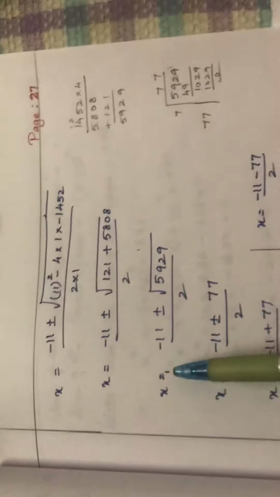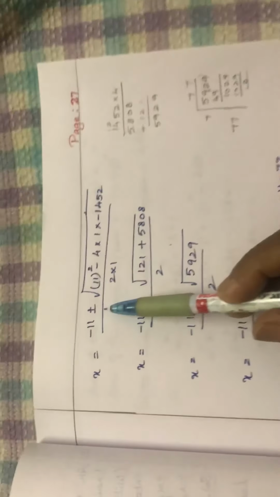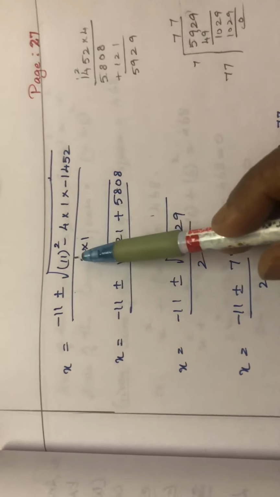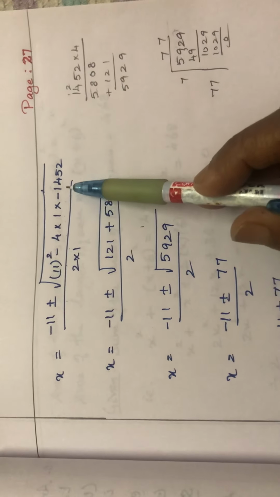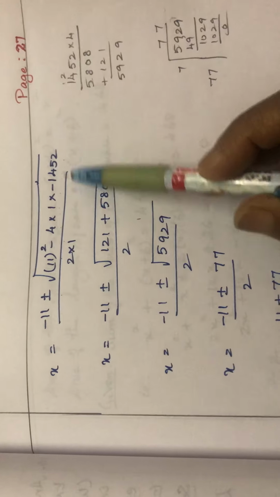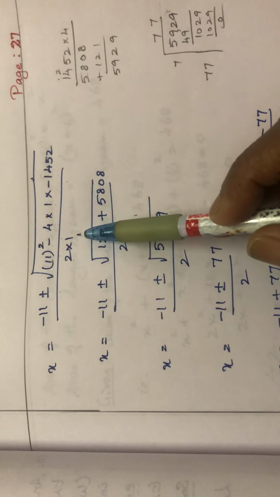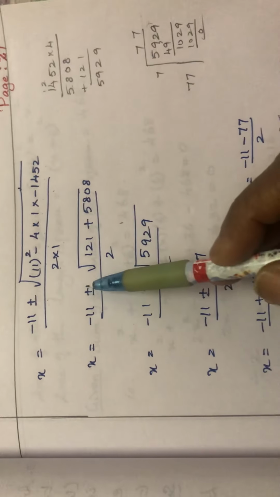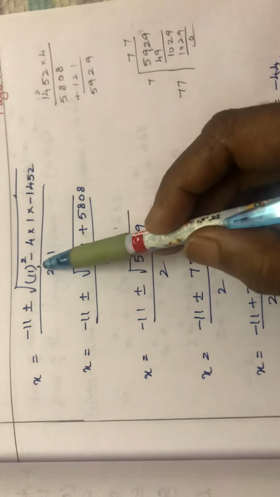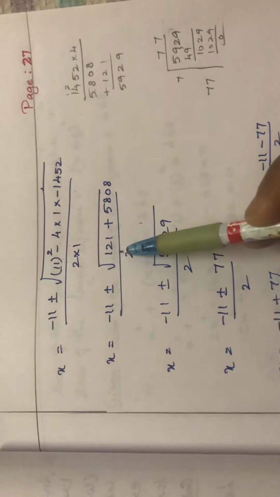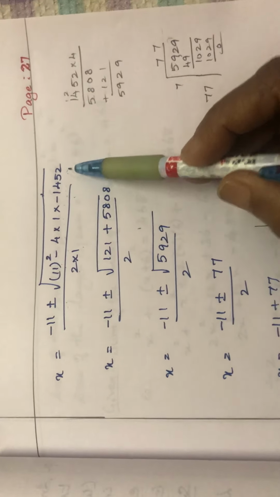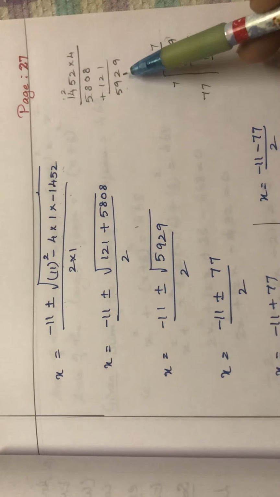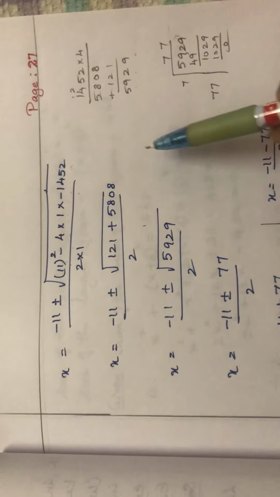Now substitute as usual in this formula. x is equal to minus 11 plus or minus square root of 11 square minus 4 into 1 into c value is minus 1452, divided by 2 into a value is 1. Now minus 11 plus or minus square root of 11 square. 11 square is 121. Minus 4 into minus 1452. When I am multiplying, I will get 5929.